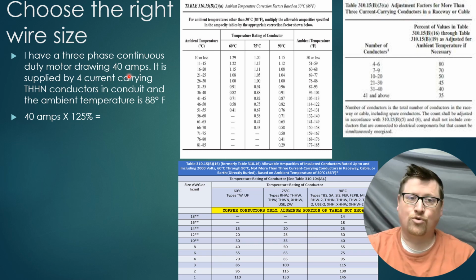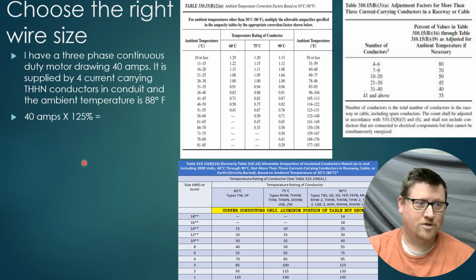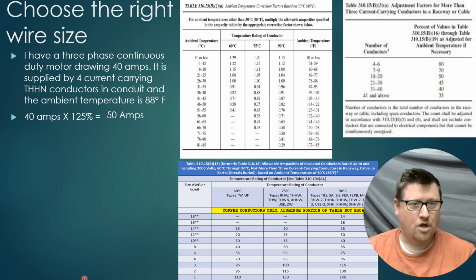The motor is drawing 40 amps, not 50 amps, but when we talk about continuous duty, that extra 25% makes it 50 amps, and we're going to select a wire based on 50 amps, because continuous duty creates a little extra heat and we want to choose a slightly bigger wire so that we're adjusted for that temperature difference.